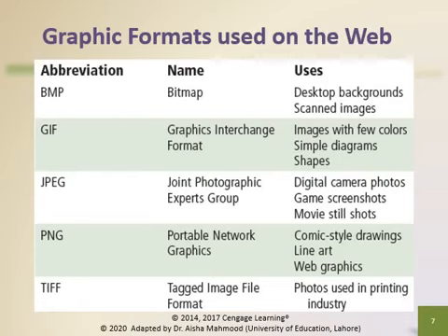Then JPEG, Joint Photographic Experts Group, is used for digital camera photos, game screenshots, and movie still shots. Then comes the PNG, Portable Network Graphics, used for comic style drawing, line art, web graphics. And then the last is TIFF, tagged image file format, used for photos, for printing industry.